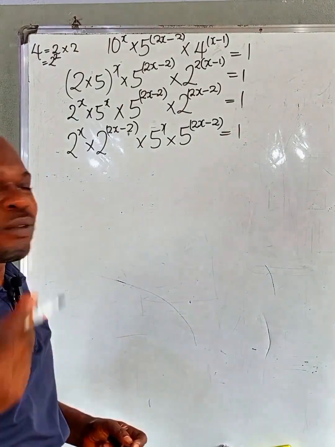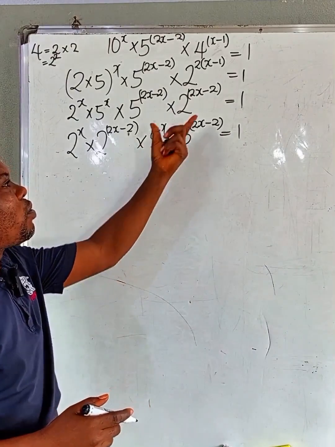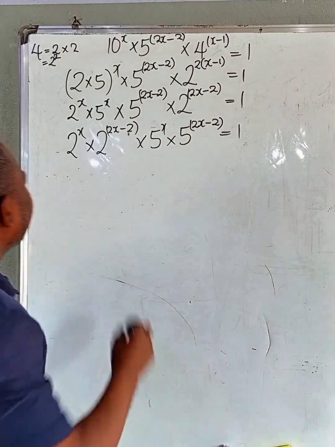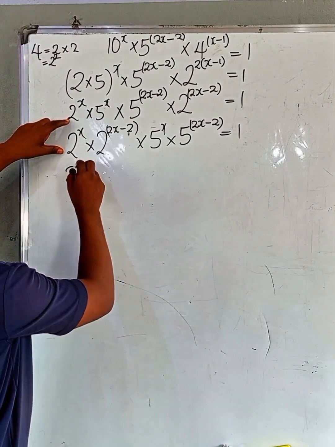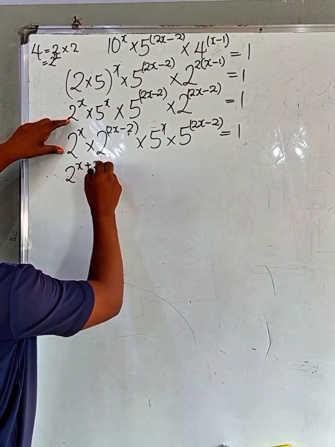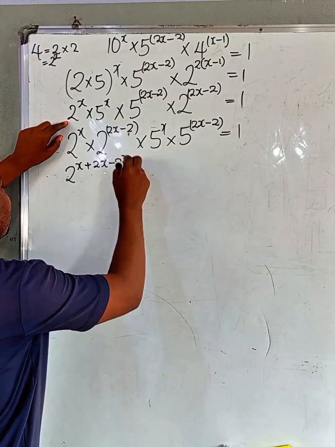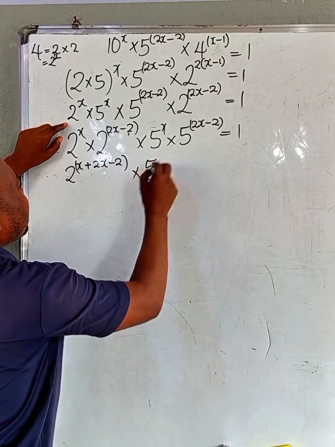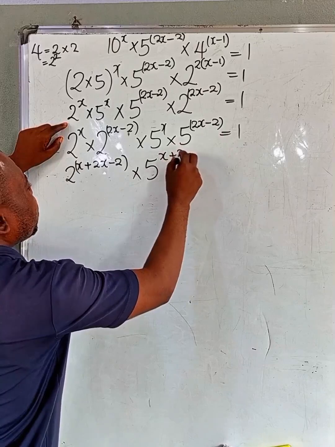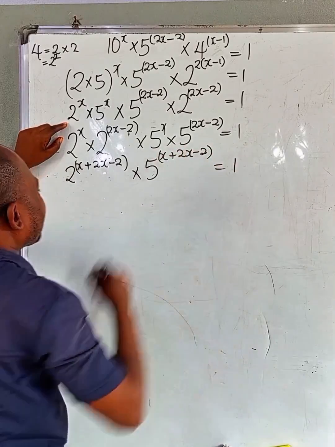We remember one of the rules of indices: when common bases are multiplying themselves, you add the powers. So what we have here is 2 raised to the power of x plus 2x minus 2, times 5 raised to the power of x plus 2x minus 2, equals 1.